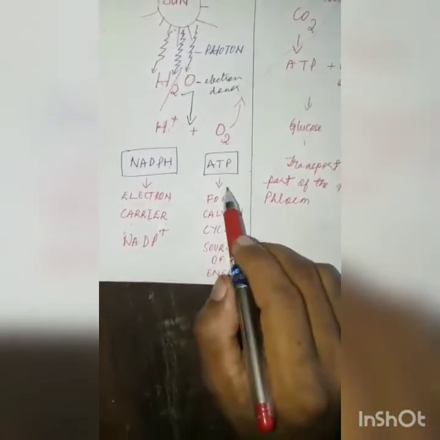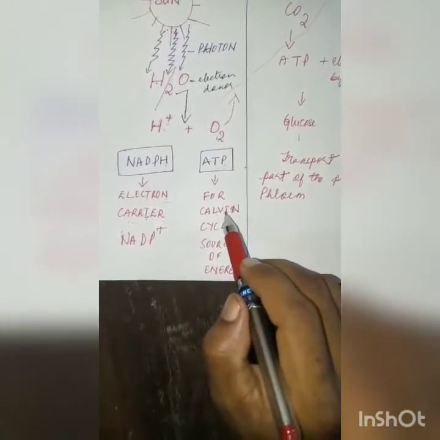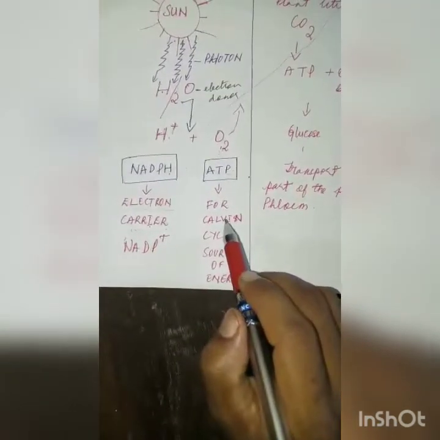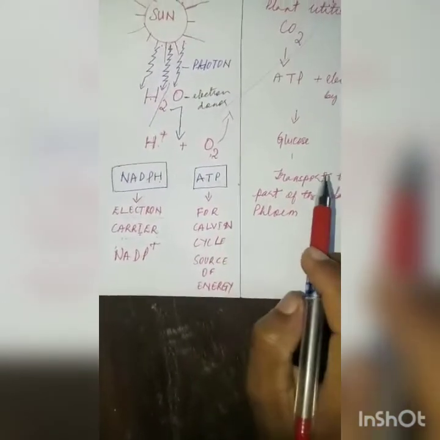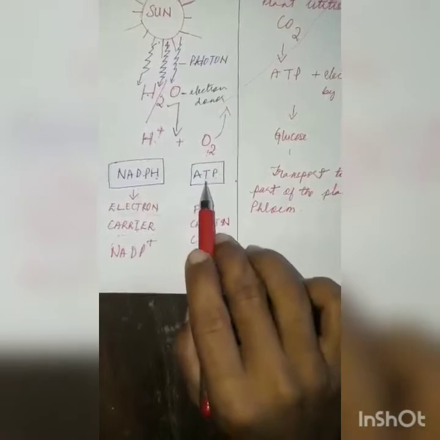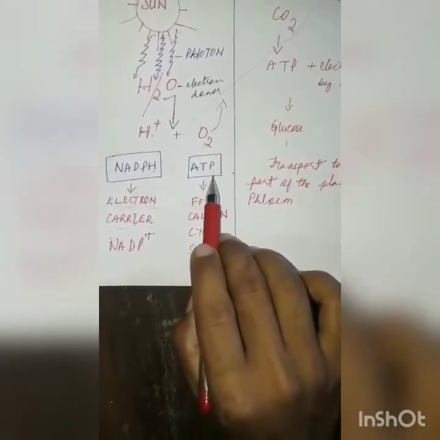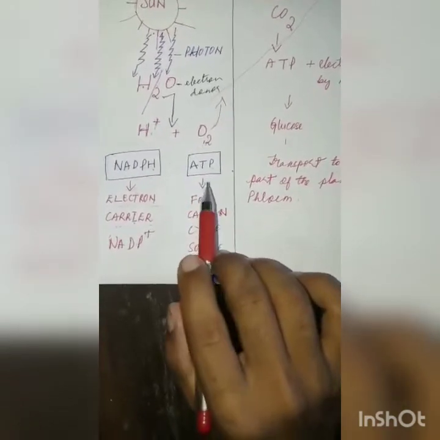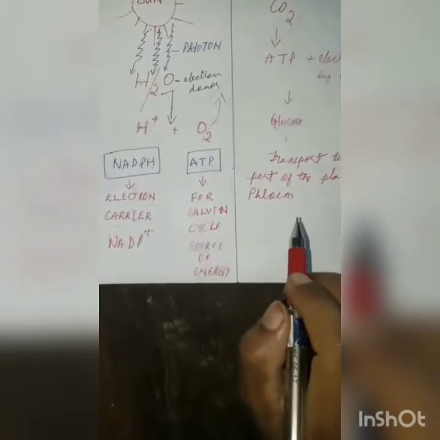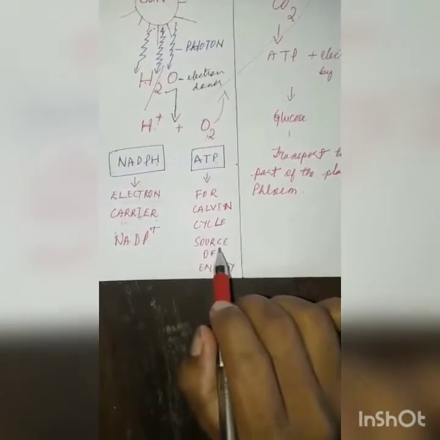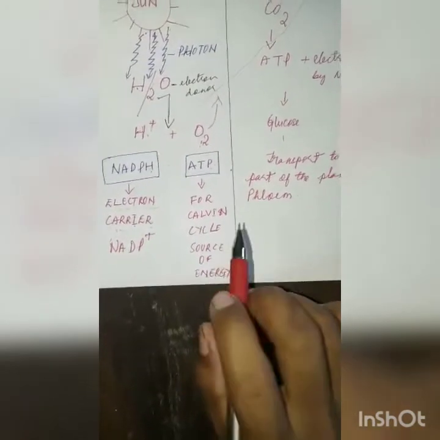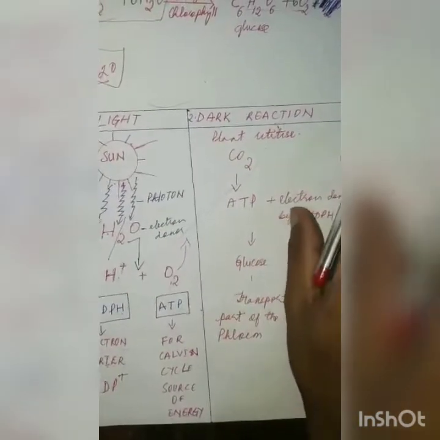Now this ATP is used to initiate or start the process of the dark reaction, or the Calvin cycle. Why? Because we need energy to start the dark reaction. That's why it acts as a source of energy. So now let's look into the dark reaction.